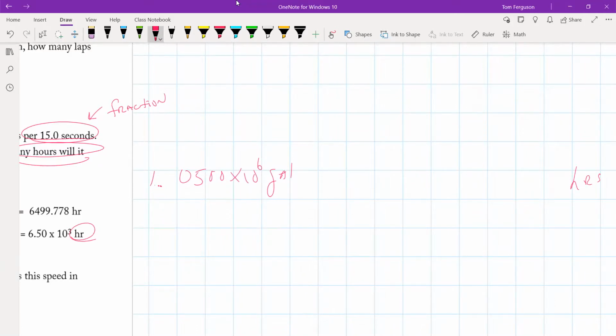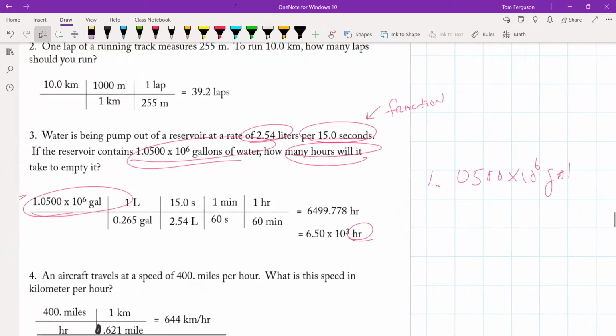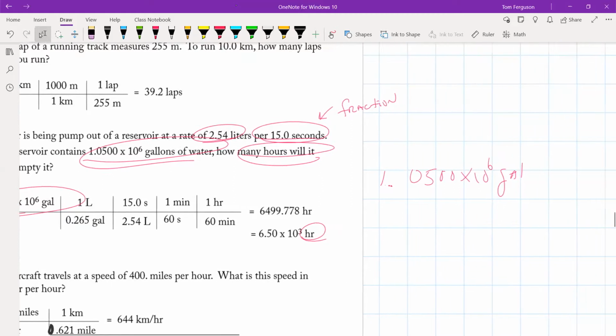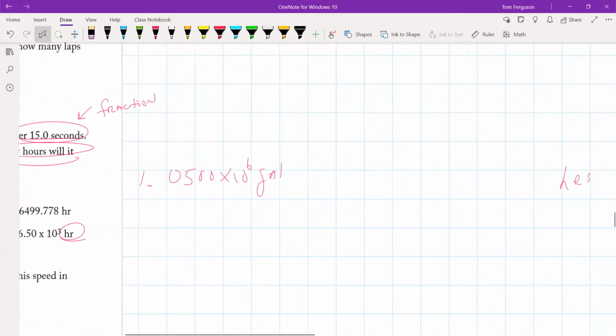So is there a direct conversion from gallons to hours that you know of based on what's given? No. So that means it's a multi-step problem. So what have we got going here? We have liters and seconds. We don't have anything to do with gallons or hours.